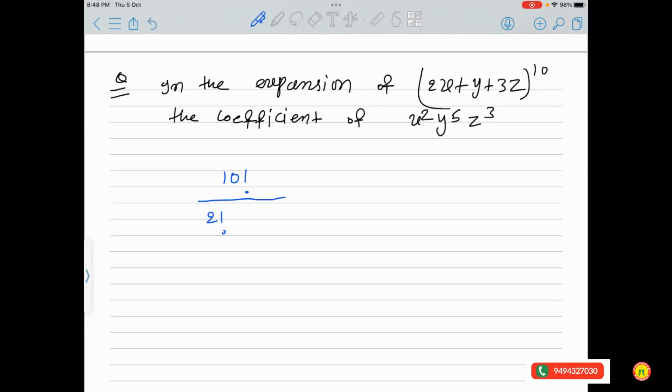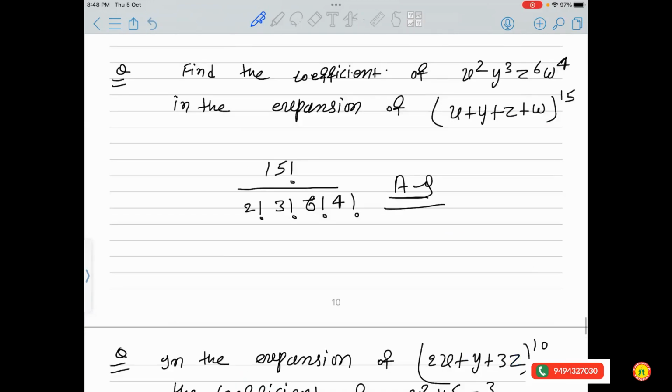You can see x square y power 5 z power 3, so we put 2, 5, 3. Here, for x square y cube z power 6 w power 4, in the denominator we have 2 factorial, 3 factorial, 6 factorial and 4 factorial.